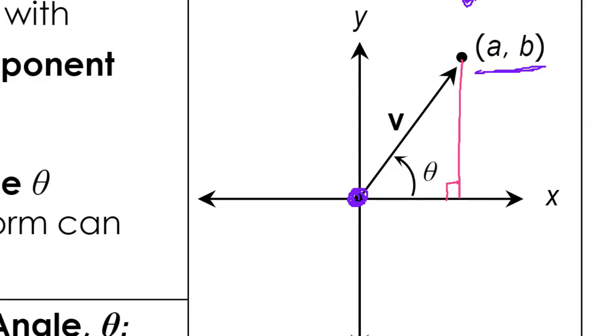Ah, Pythagorean segment. Yes. Look, we know a and b. They give us a and b. What length is this bottom side length? A. Yes, it's the x value. So this is a. And what's this side length here? B. So to find the length of v, we use the Pythagorean theorem, a squared plus b squared equals v squared. To get v unsquared, we square root both sides.